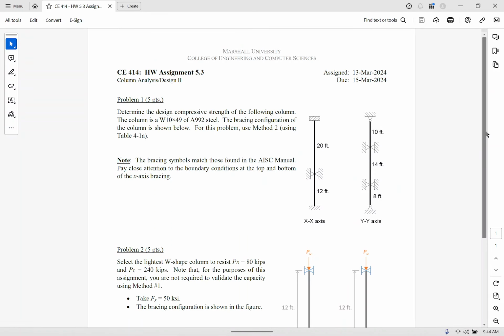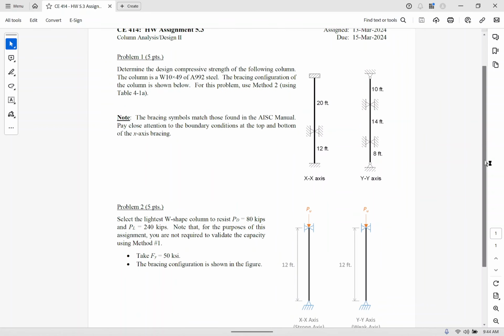Okay, now, for the assignment, what I'm going to do is give you the same problem that you had on the last homework, same problem, but now analyze it using method 2, not method 1, okay? And then the next thing I'm going to do is I'm going to give you this problem. This is a pin-pin column, and I want you to select the lightest shape.